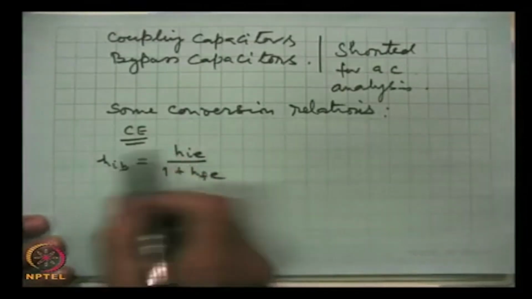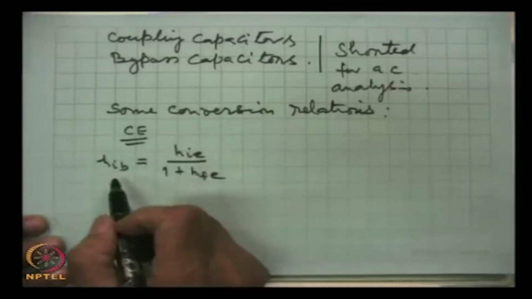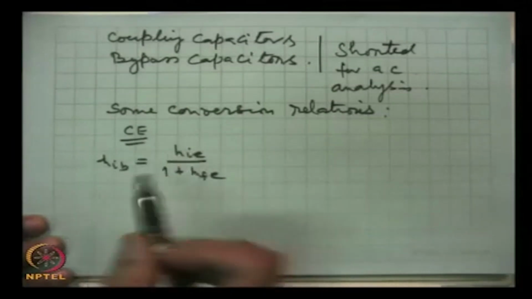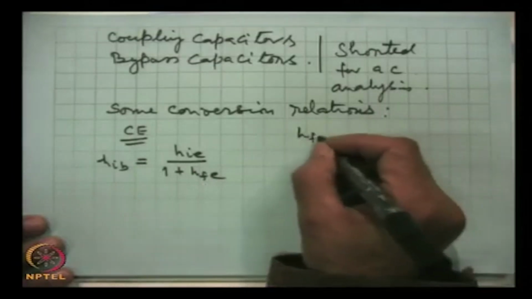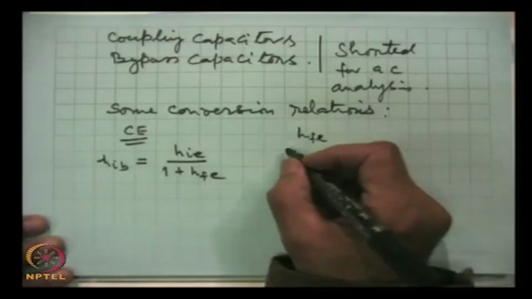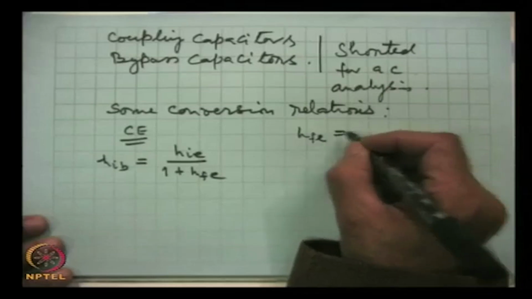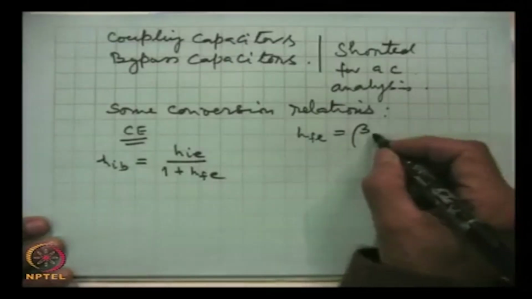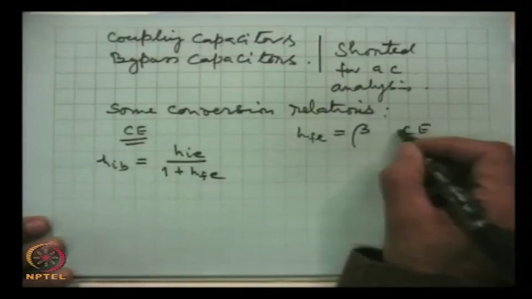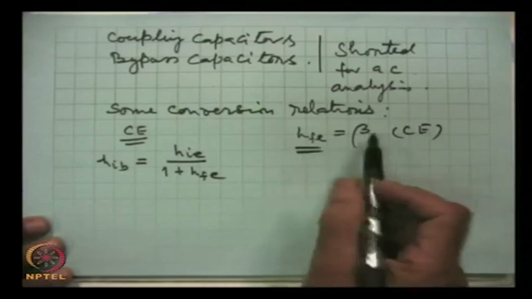This gives a very important piece of information. HFE, as we will recall, is the current gain measured under the appropriate boundary conditions, and this is the same beta which we have been talking about. Beta is the current gain in the common emitter circuit.